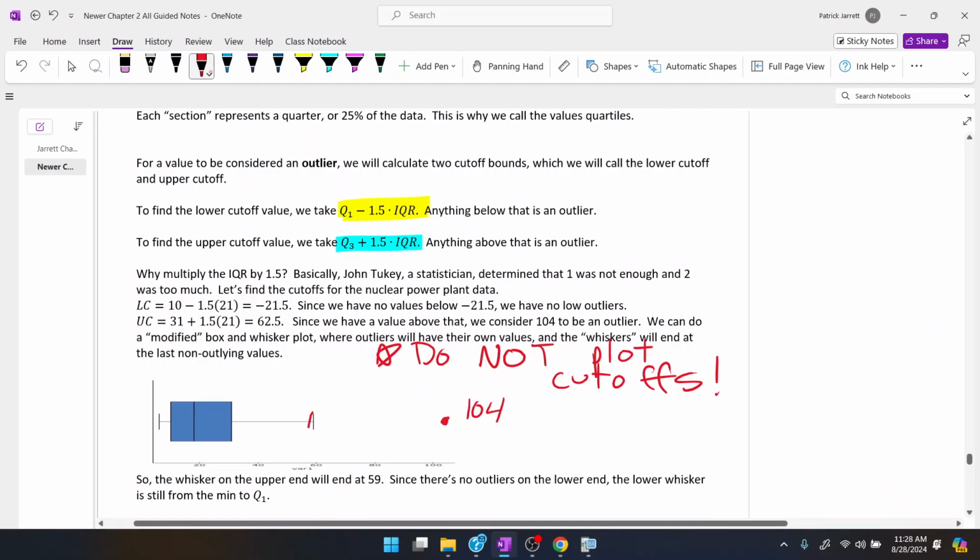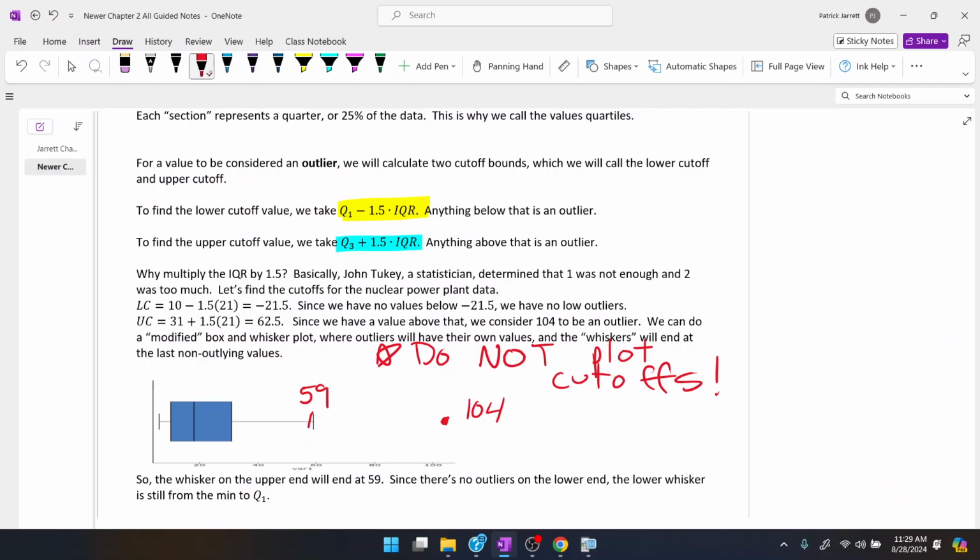Now, this is going to end at 59 because what is the next value down from 104? It would be 59. But you do not mark 62.5. So some would argue, but 59 is close. Now, guess what? Close only counts in horseshoes and hand grenades. It's either an outlier or it is not. End of story.